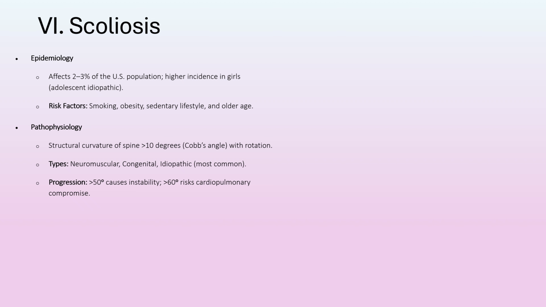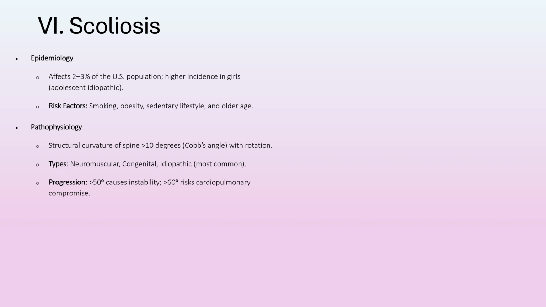Categories can be neuromuscular, associated with conditions like cerebral palsy or muscular dystrophy. Congenital, asymmetry due to congenital anomalies. Idiopathic, no distinct etiology, defined by exclusion.